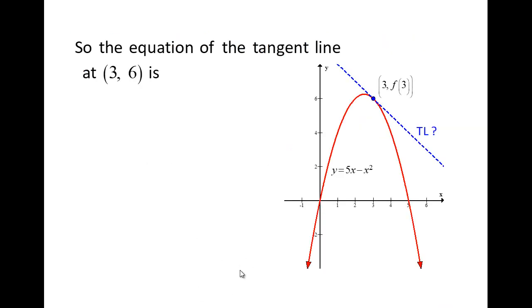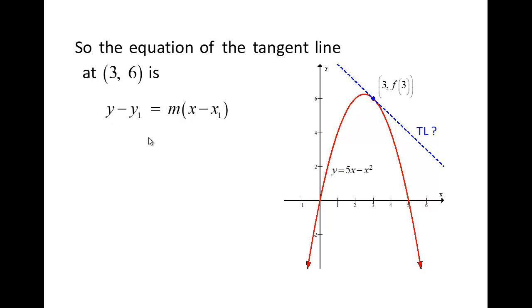So what's the equation of the tangent line at this point 3 comma 6? We know the slope is negative 1 and we know the point, so let's apply the point-slope formula for a line: y minus y1 is equal to m times x minus x1. Here x1, y1 is a particular point on the line, m is the slope, and x, y is an arbitrary point on the line.